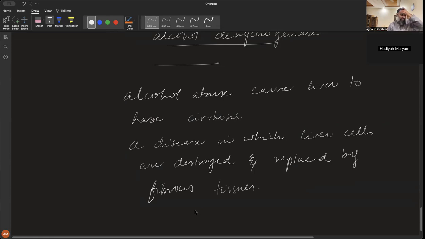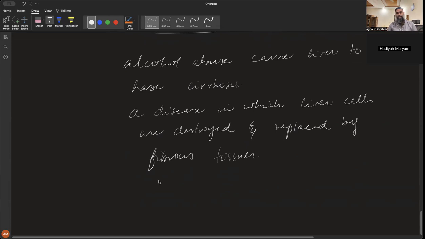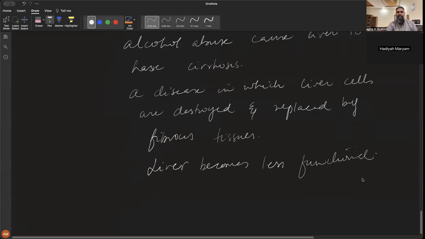This makes the liver less able to function properly. The liver becomes less functional.